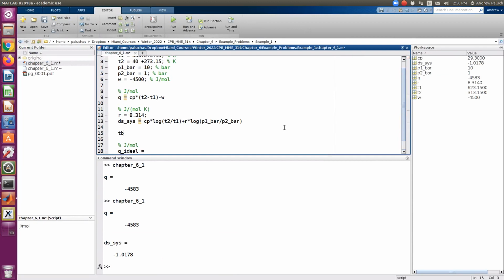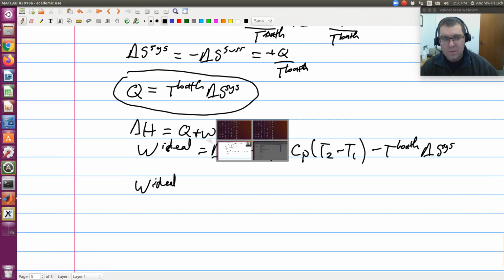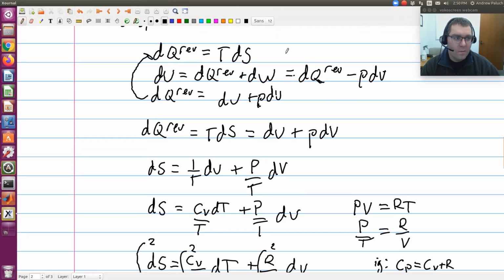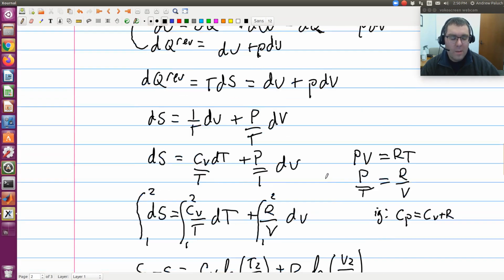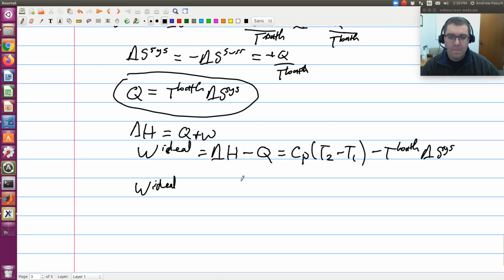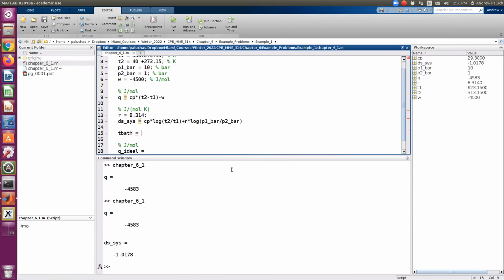T bath was, pretty sure, 25 degrees C, and again I add 273.15 to convert from Celsius to Kelvin.